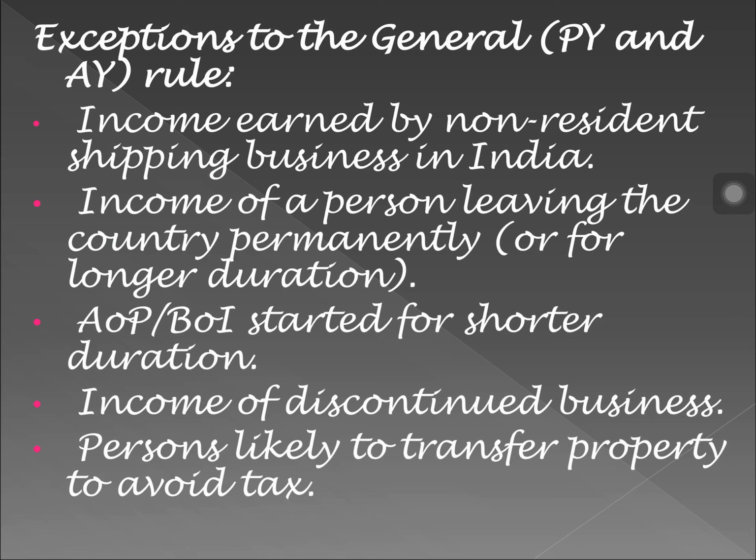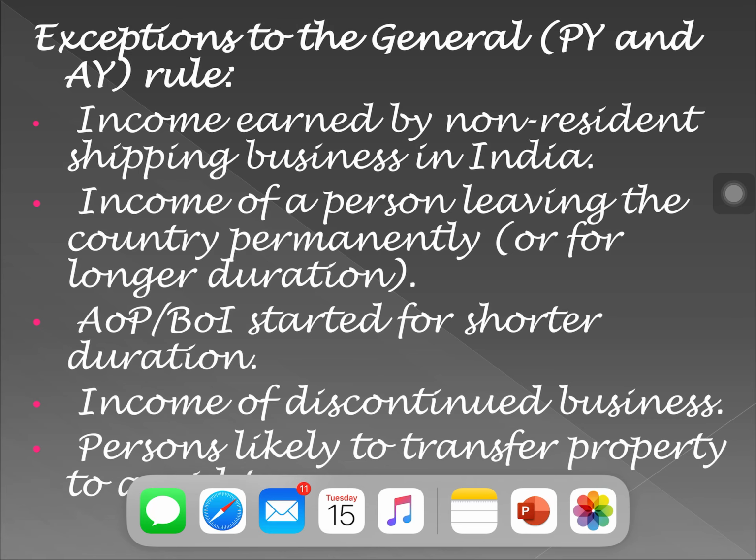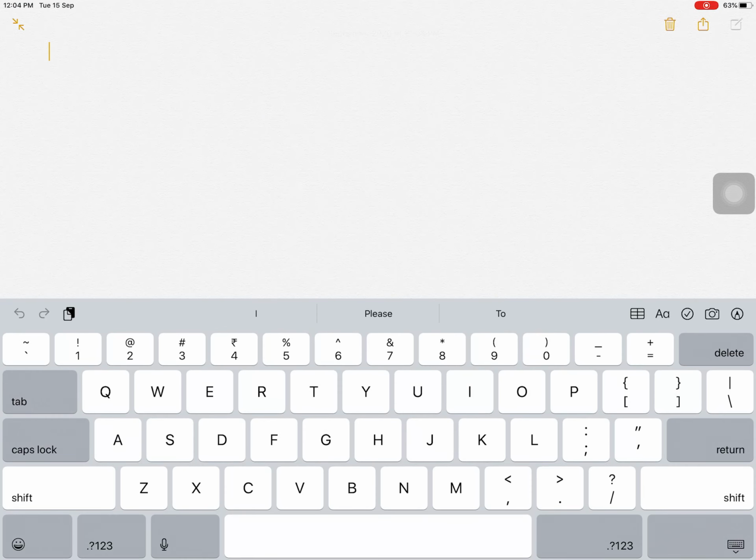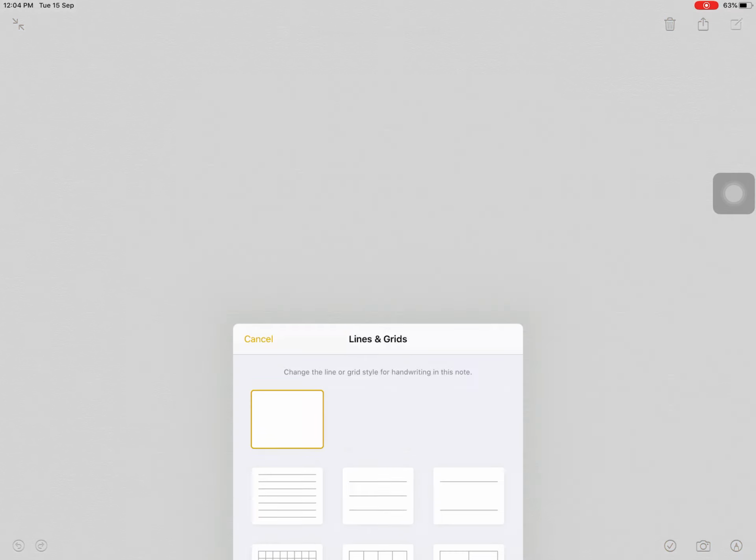Okay. See, first, income earned by a non-resident shipping business in India. Now, suppose this is India.